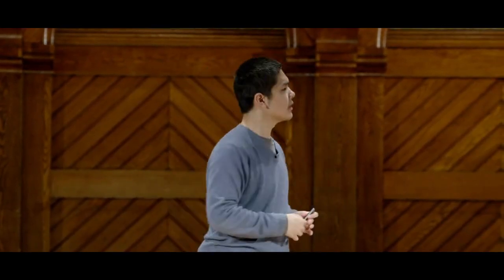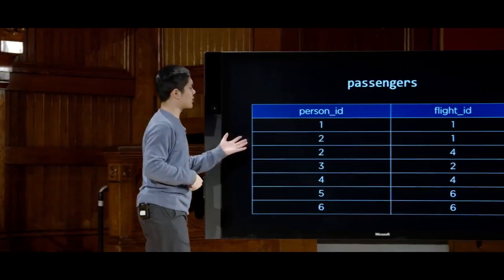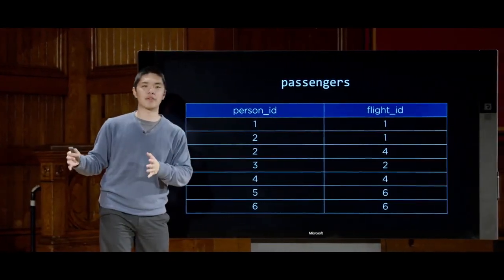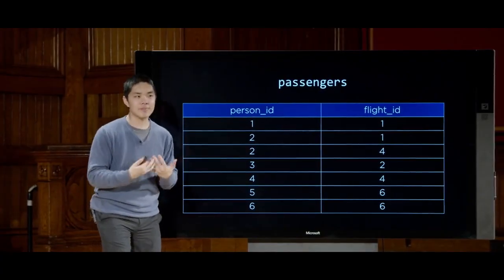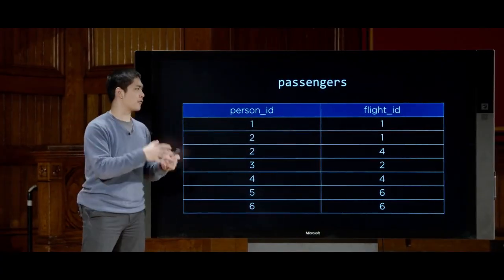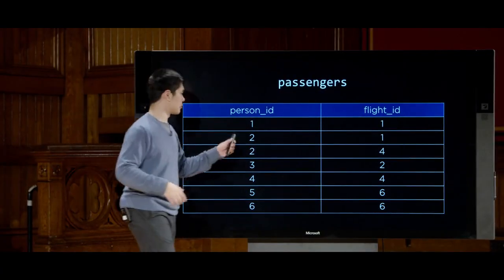We have a table for airports and a table for flights. And any flight is going to map to two different airports, one destination, one origin. And any airport might appear on multiple different flights. It's sort of a one-to-many relationship. And then over here, when it comes to passengers, we've stored people inside of a separate table, and then had a many-to-many mapping between people and flights, so that any person could be on multiple different flights.